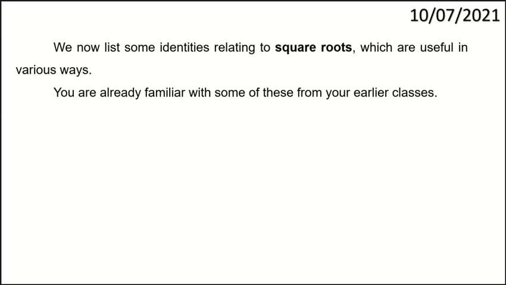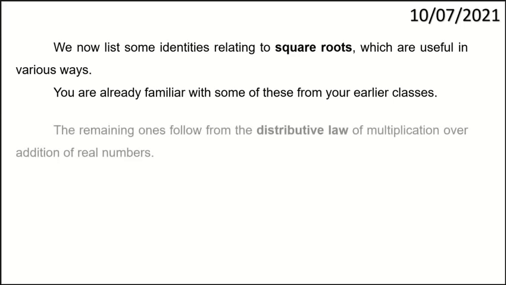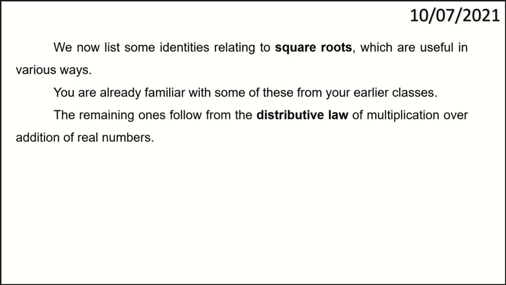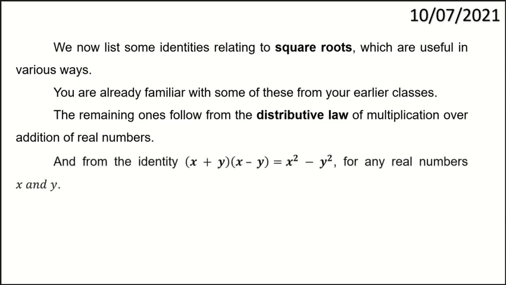The remaining ones follow from the distributive law of multiplication over addition of real numbers, and from another important algebraic identity: x plus y into x minus y is x square minus y square for any real numbers x and y. Let us list those identities.